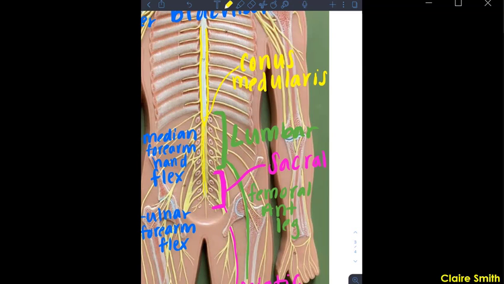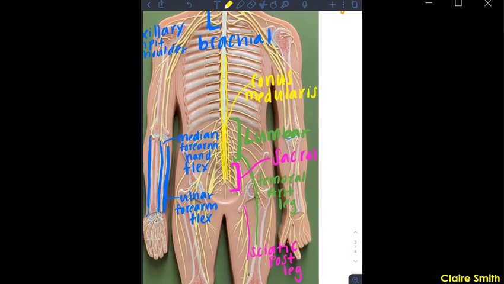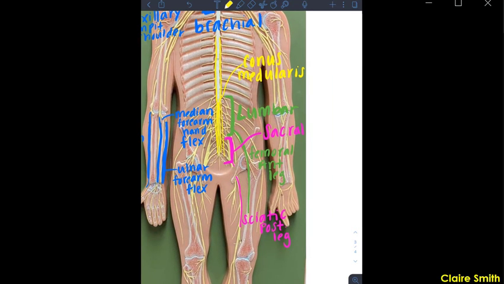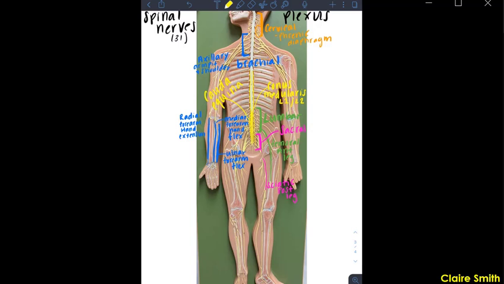Beneath that, inferior to that, instead of having a dense, meaty spinal cord, you actually have a whole bunch of spinal nerves hanging down. I like to think of them kind of like wet noodles. That's called your cauda equina, which translates to horse's tail. So the conus medullaris is the true end of your spinal cord at about L1 or L2. And then anything below that is your cauda equina.